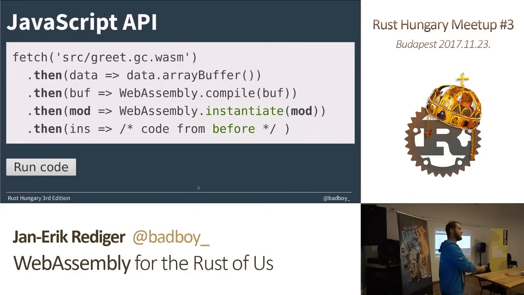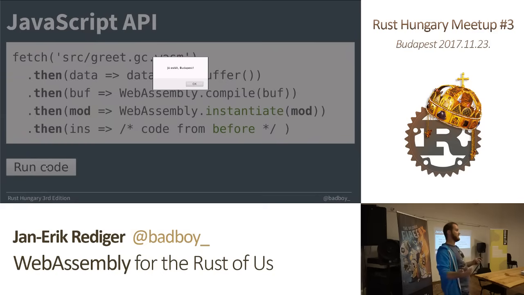From that, you then need to instantiate a module, which then actually compiles the code and gives you back an object which also has all the exports on there. So with all the code we had from before, accessing the exports, allocating some memory, letting the WebAssembly module write the data in there, reading out the data again, we can now execute the code. And if we execute this code in the browser, well, it works.